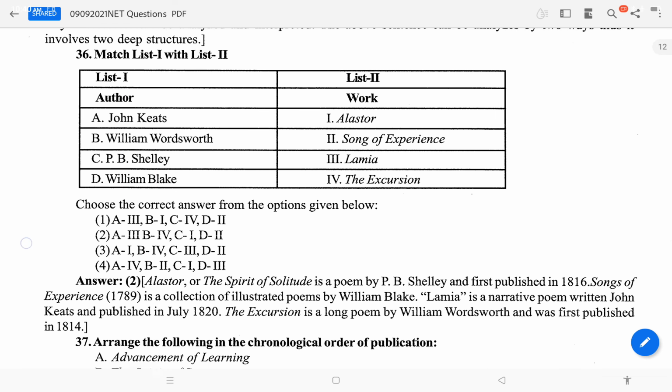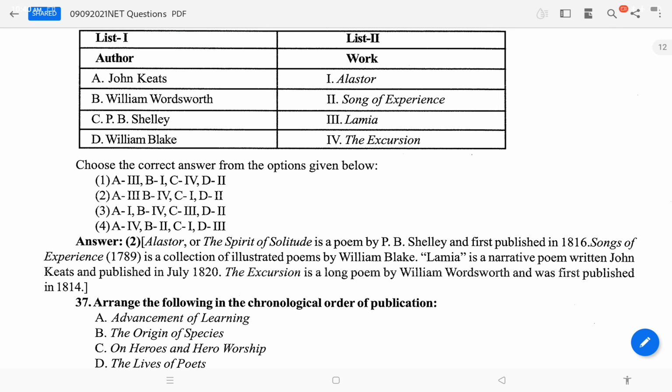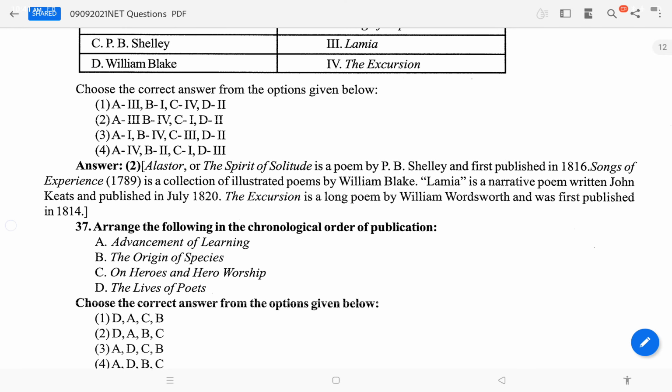So, let's see the next question, 36. You have to match. John Keats, Lamia; Wordsworth, The Excursion; P.B. Shelley, Alastor; and William Blake, Songs of Experience.